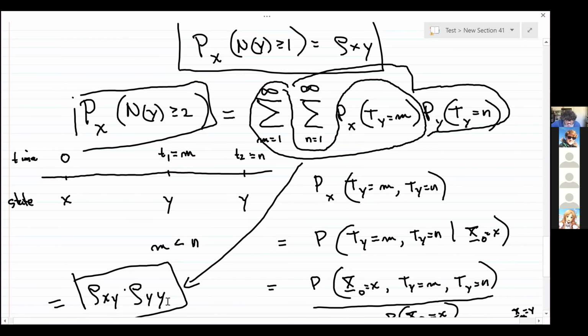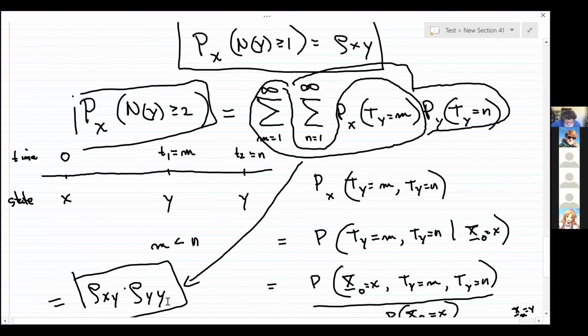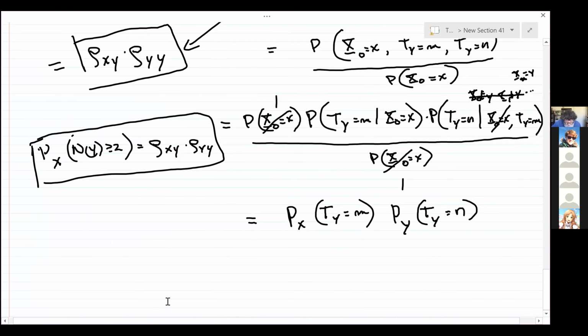Here's a nice thing to do next. What would be the probability? So we just figured out this. The next order of business could be, we start at X. What's the probability the number of times we visit Y is 3 or more?